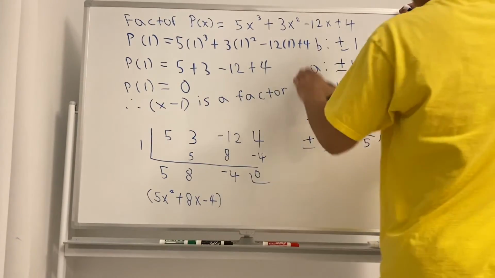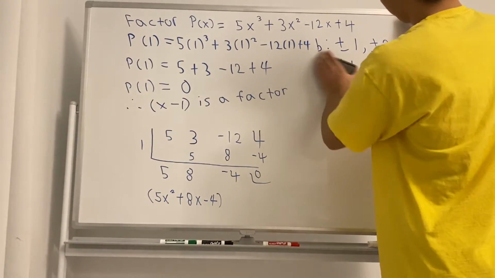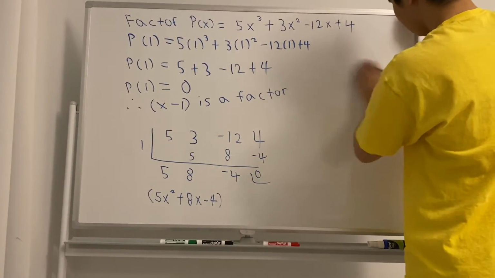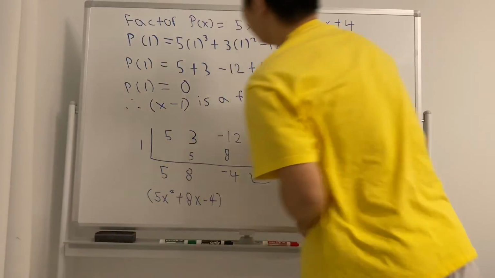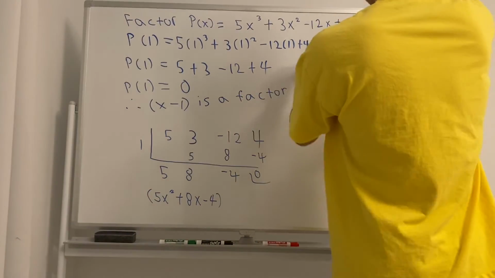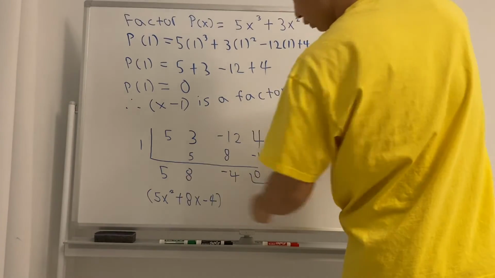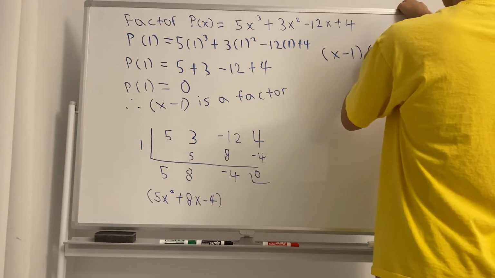So I'm just going to erase this for some room here. We don't need this anymore. So this is what we have so far. We have x minus 1, and we have this. Sorry, it's going to be a little tight.